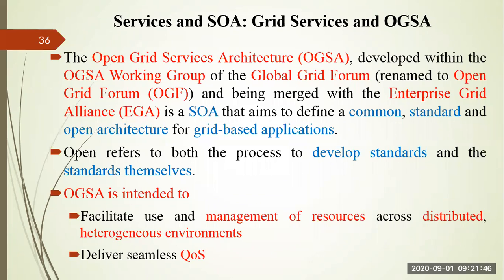So what is the main use, and what kind of things can you do in OGSA? OGSA is intended to facilitate the use and management of resources across distributed and heterogeneous environments. You know, the resources used in clouds and grids are not in a single place, right? They are present in various geographically distributed parts all over the world.